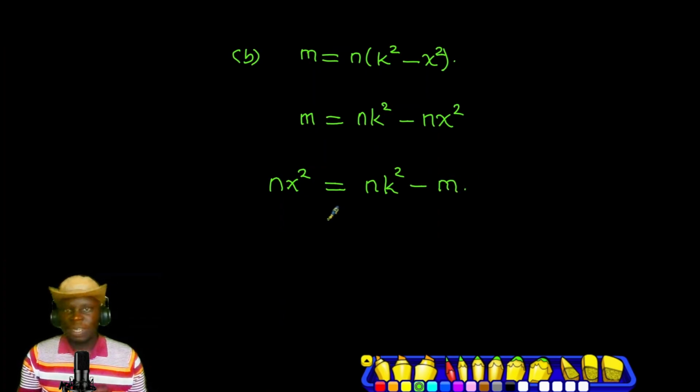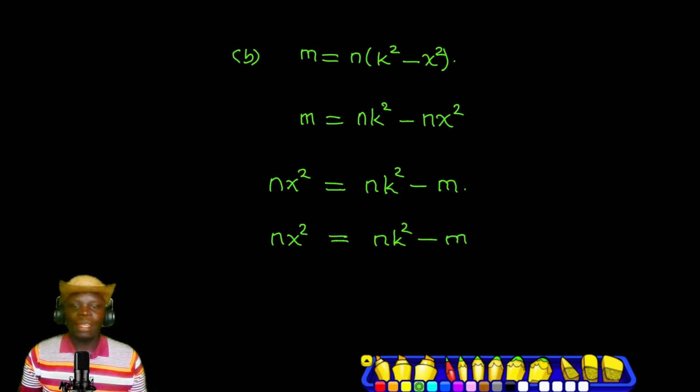Now this time, since we have already made nx squared to one side, we're going to recopy the whole thing and divide both sides by n. Let's go ahead and do that, and we have nx squared equals nk squared minus n. Then we're going to divide this by n.